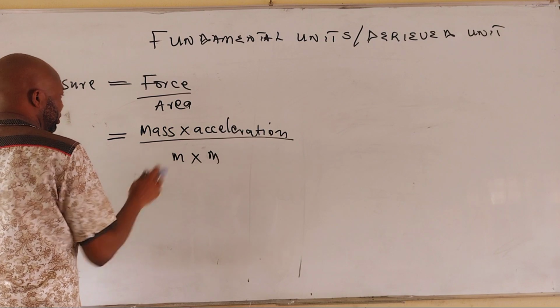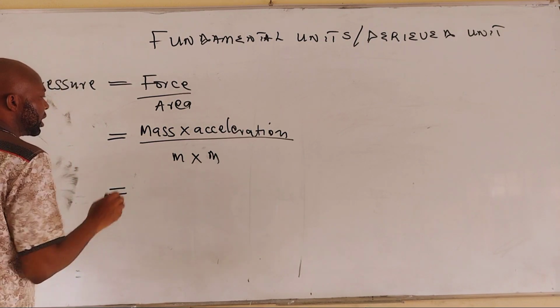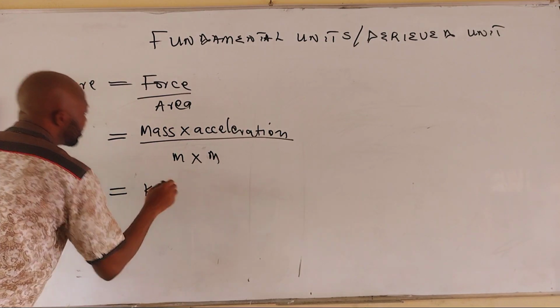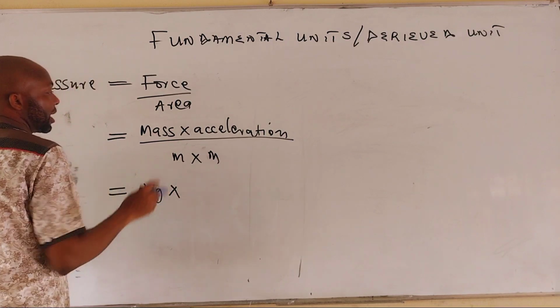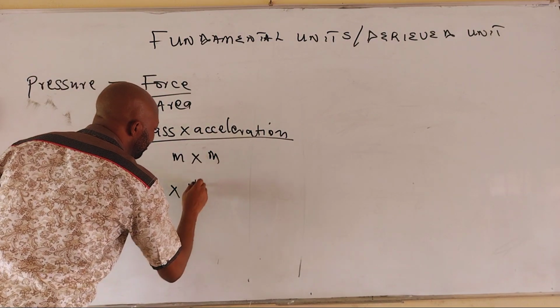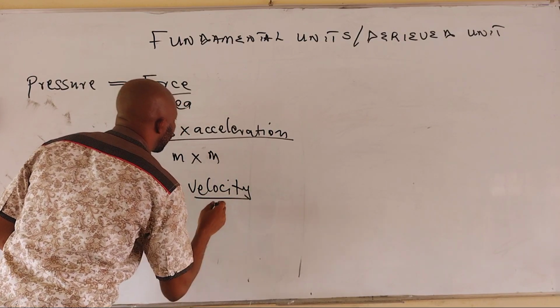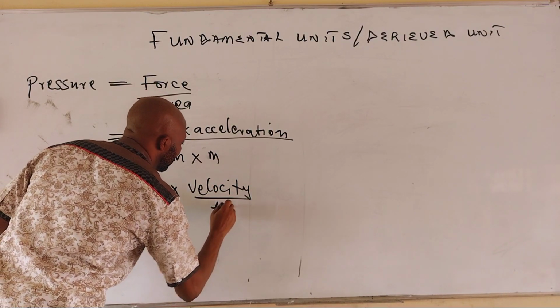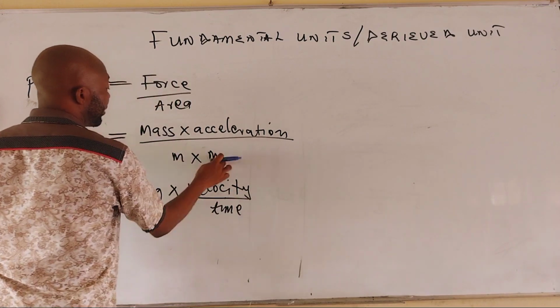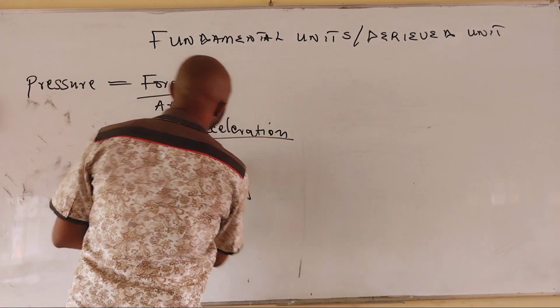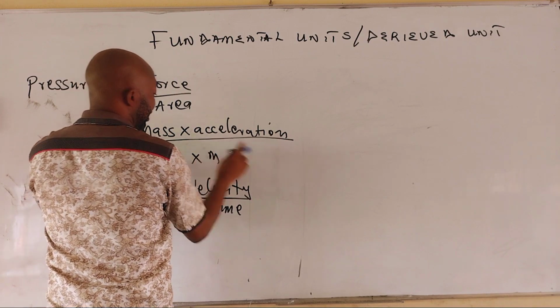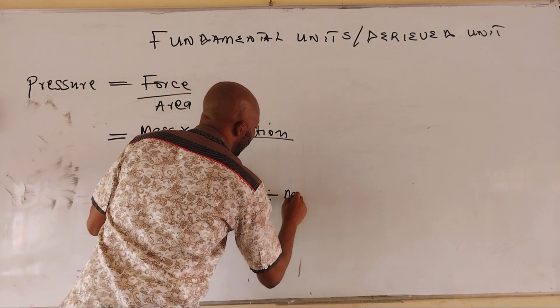So I will continue. Mass is in kg times acceleration, which is change in velocity over time, all of this divided by meter squared. So divide by m squared.